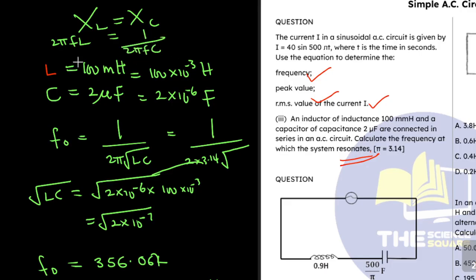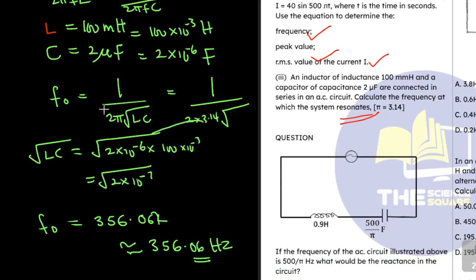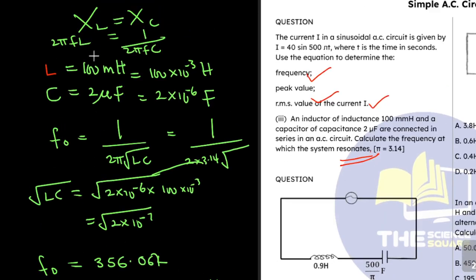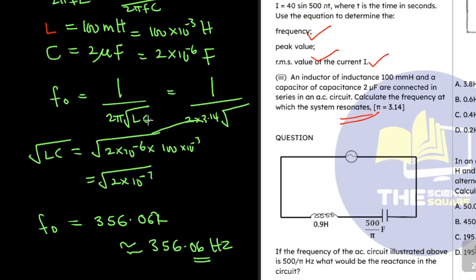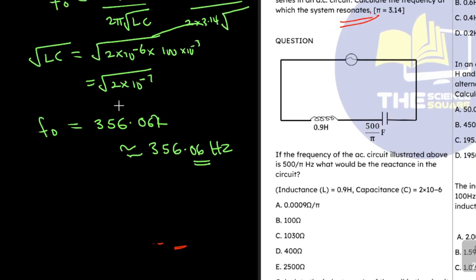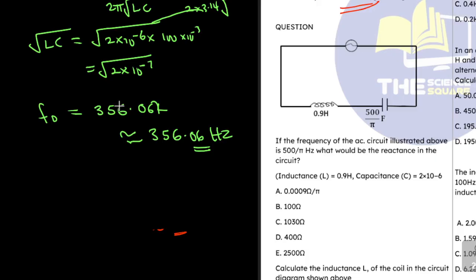So cross multiplying and rearranging, making f the subject, that is how this resonance frequency has been derived. So you don't need to suffer yourself to go through this derivation every time. Just remember that your resonance frequency is 1 over 2 pi square root of LC. Then substitute all the given values. Upon substitution, you are going to get your resonance frequency. Easy peasy.